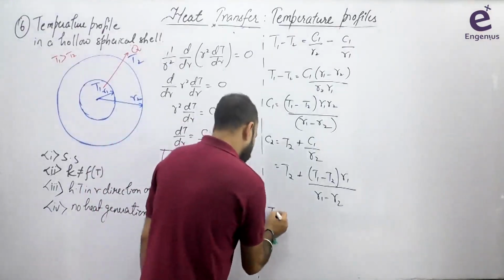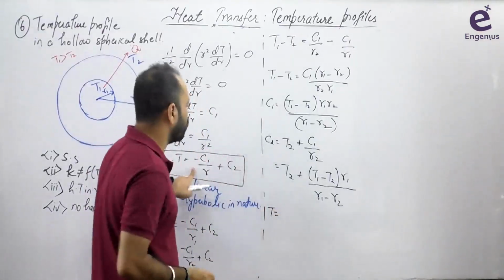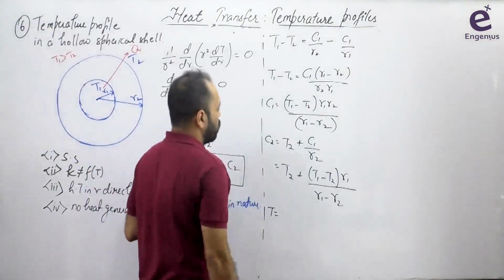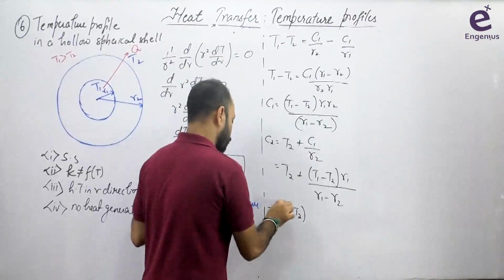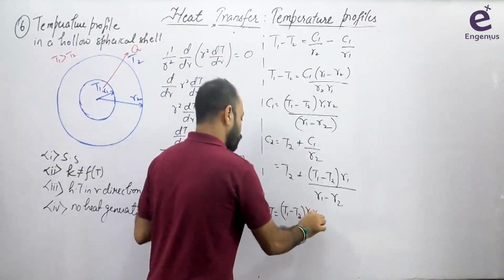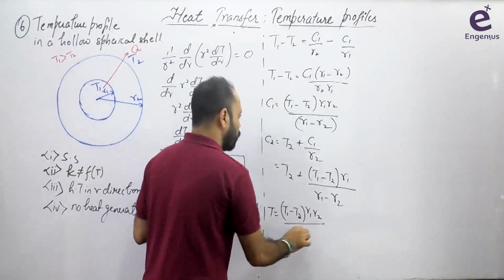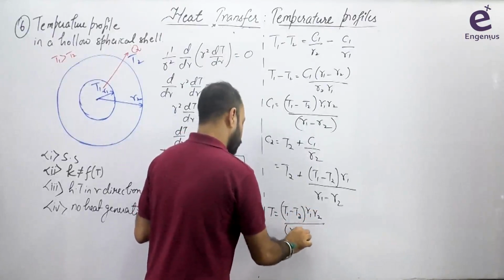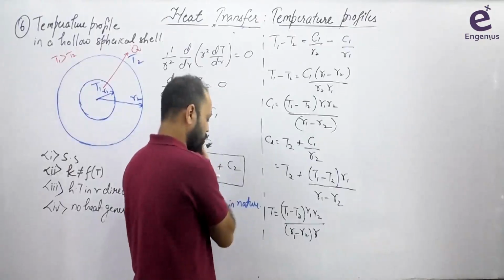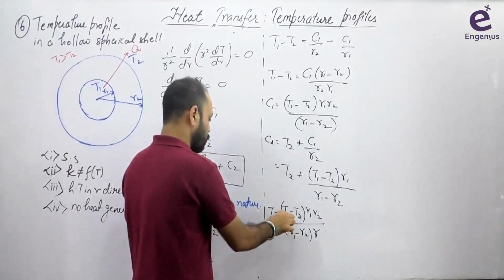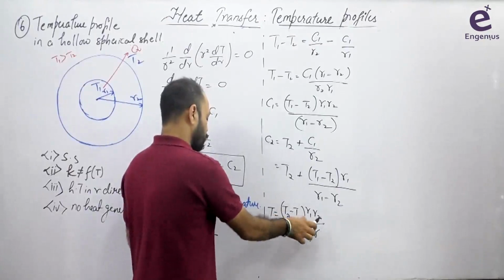It gives you T is equal to minus C1 by R. So this divided by R: (T1 minus T2) R1 R2 divided by (R1 minus R2) into R. This is minus C1 by R. So I'll write here T2 minus T1.